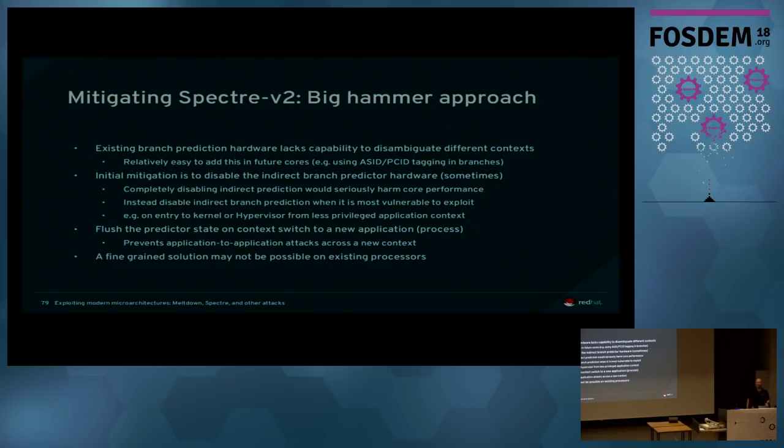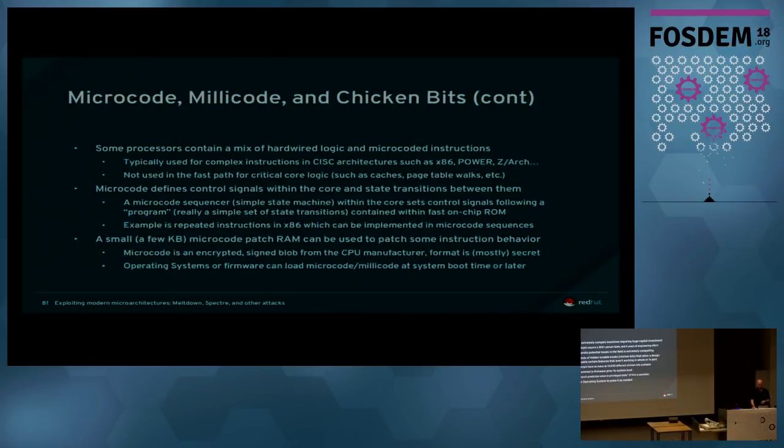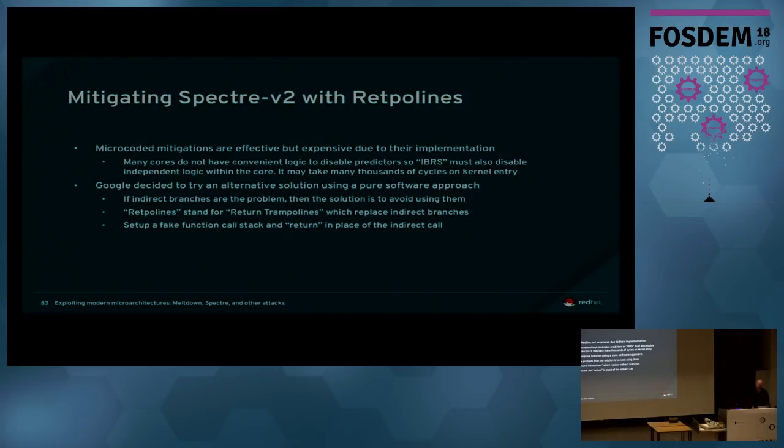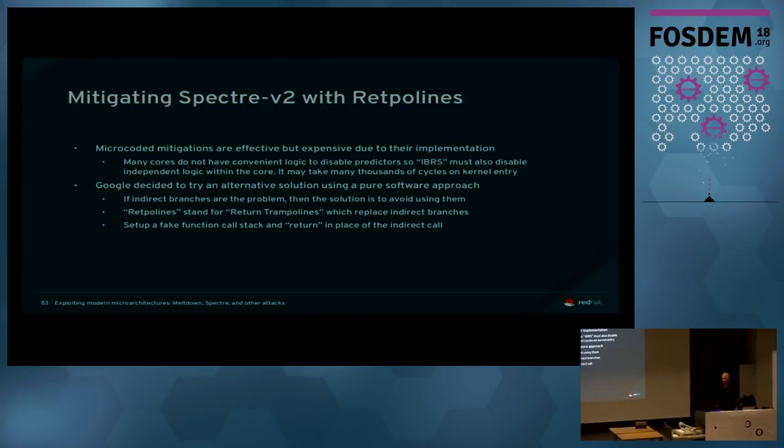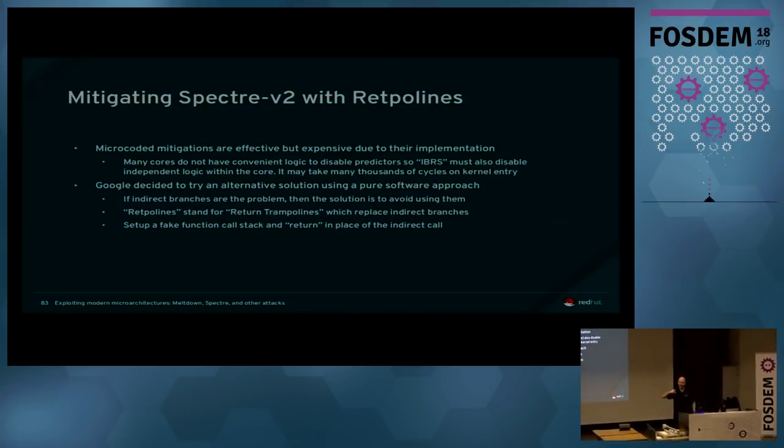Mitigating it, there are two ways. I've got a big hammer, which is expensive. I can turn off my predictors when I go into or out of my kernel. Or I can use a technique that Google came up with called retpolines, which you can read more about in here, which change indirect calls into fake return calls. It's kind of interesting. It's like, if it hurts doing this, don't do it, right?